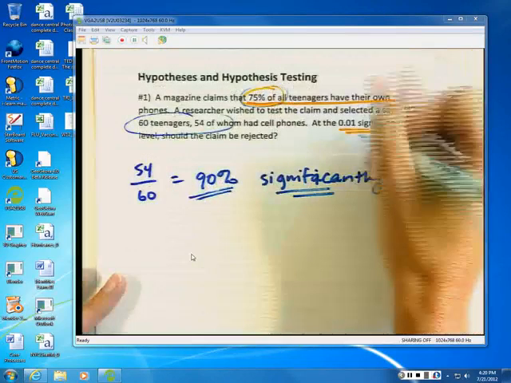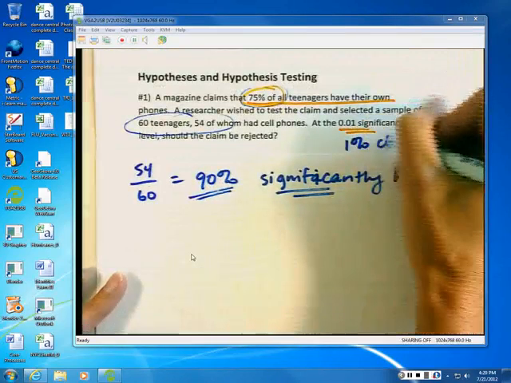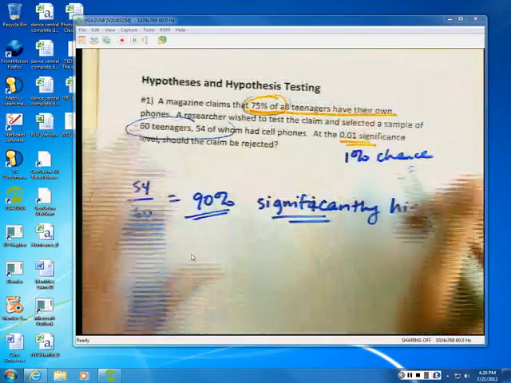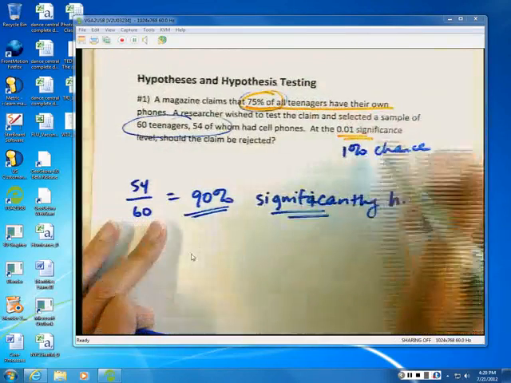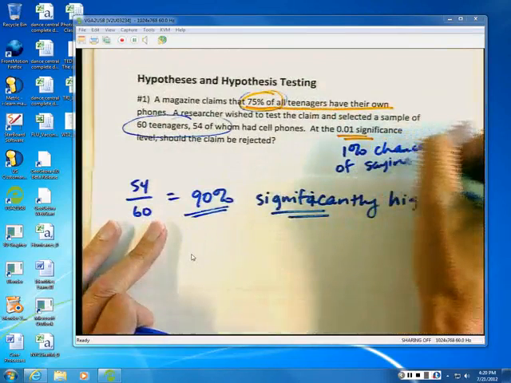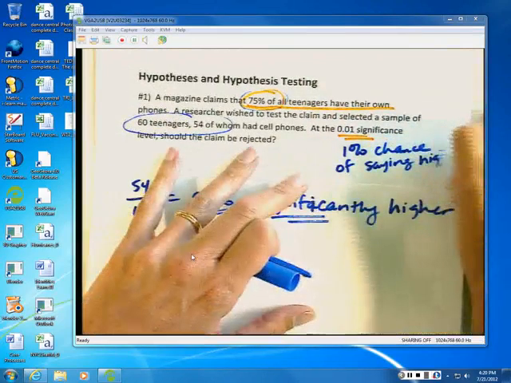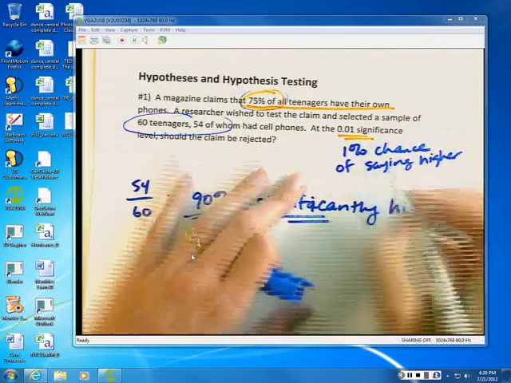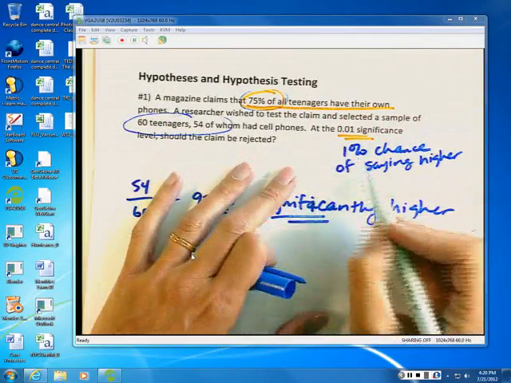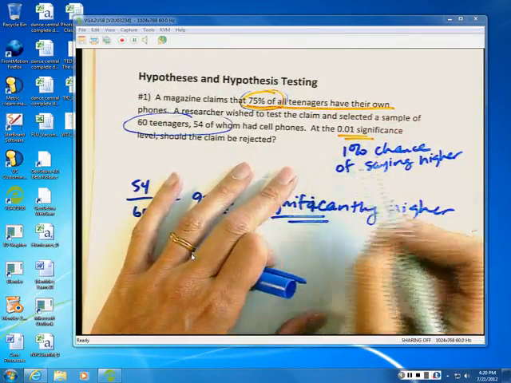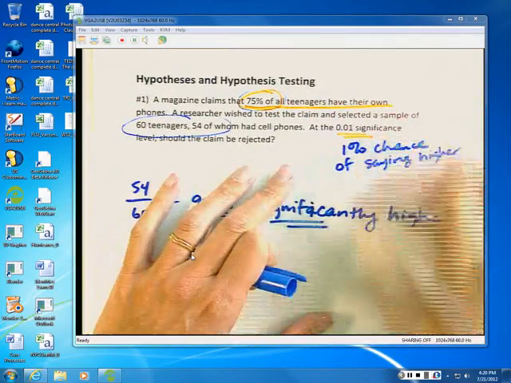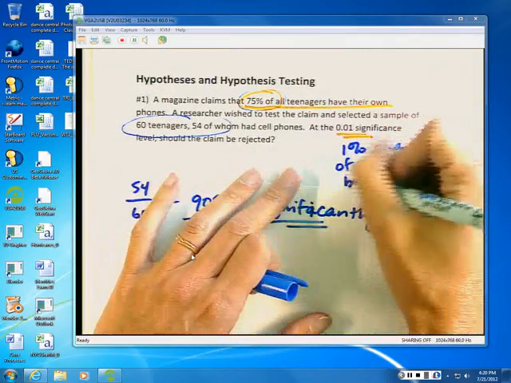I only want a 1% chance of making an error, of saying it's higher when it really isn't. But I'm going to claim it's significantly higher. So say my conclusion is that, yeah, it is significantly higher. I could still be wrong, right? Well, I only want to leave a 1% chance that I am wrong, that I'm saying it's higher, but I'm wrong.